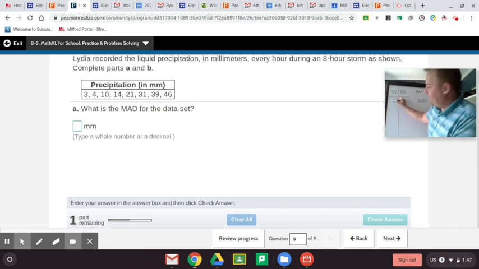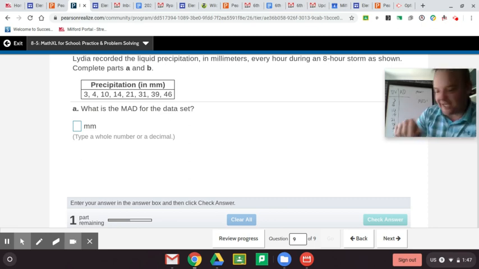So we have data values 3, 4, 10, 14, 21, 31, 39, 46. 8 values. Let me count: 2, 4, 6, 8. Yep, 8 values. First thing we have to do is find the mean.